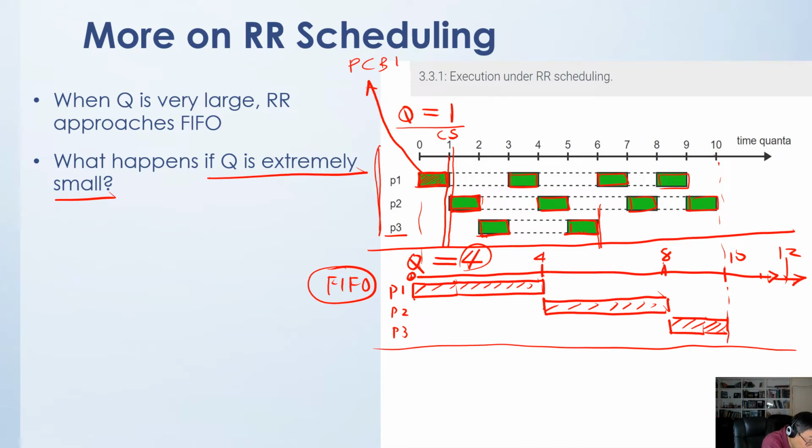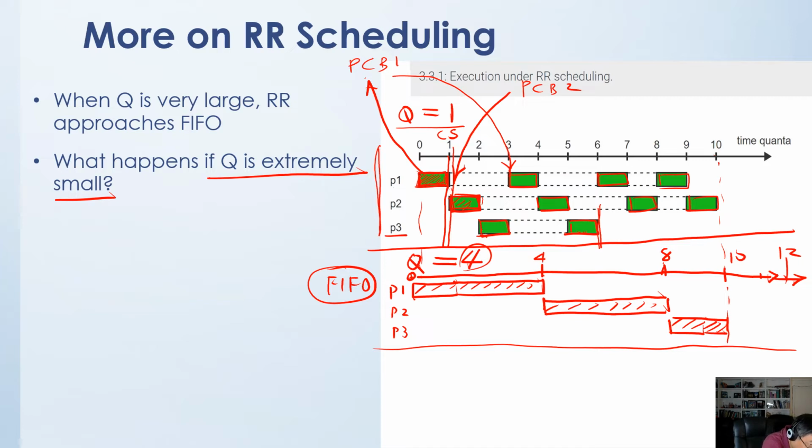Because when P1 is loaded again, it needs to load the data from PCB 1 into the CPU again. And when it's done saving the information of P1 to PCB 1, it will load the data from PCB 2 into the CPU. So P2 starts to execute.